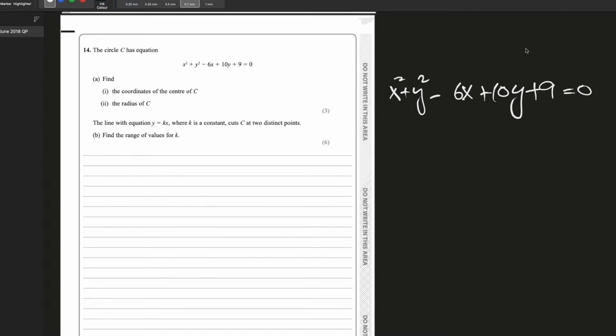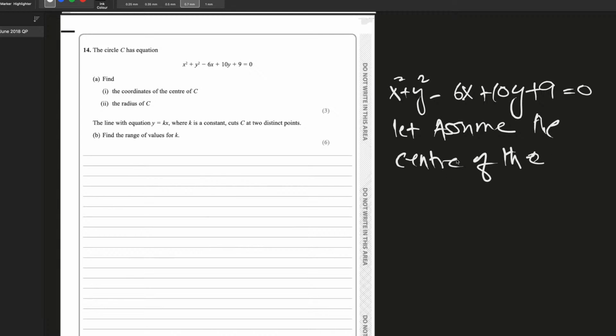If we assume that the center of the circle is negative g of x, negative 2g of x, and negative f of y.